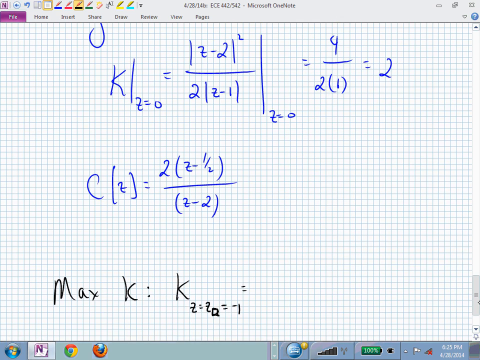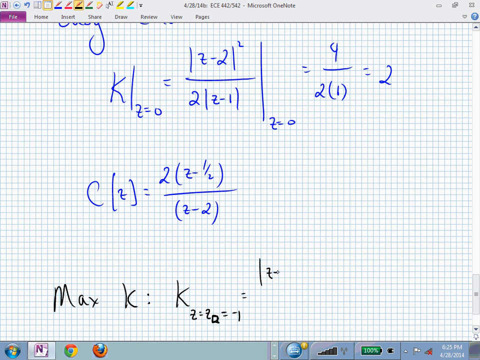This gain formula now says that I have 3 squared divided by 2, and this is now 2, isn't it? And that should be an absolute value. Is that okay?